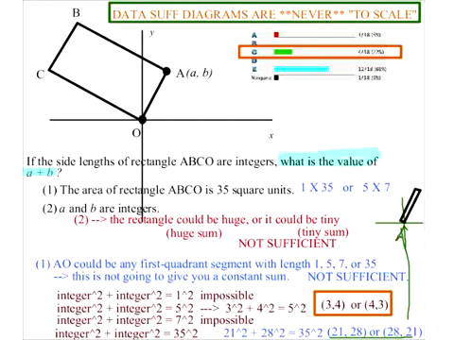Okay, takeaways from this problem. The Pythagorean triples, that's a big one. If you have an integer length with integer coordinates, you have to have numbers that form a Pythagorean triple, like integer squared plus integer squared equals integer squared.